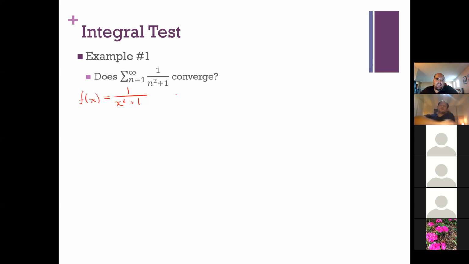So now we've got to make sure that we can check off all these boxes. Positive, continuous, and decreasing. Are all three of these things going to be true?